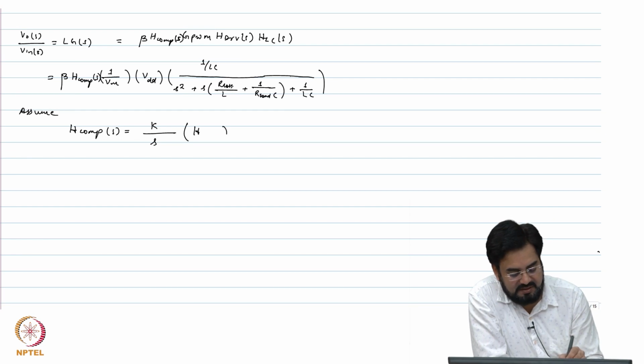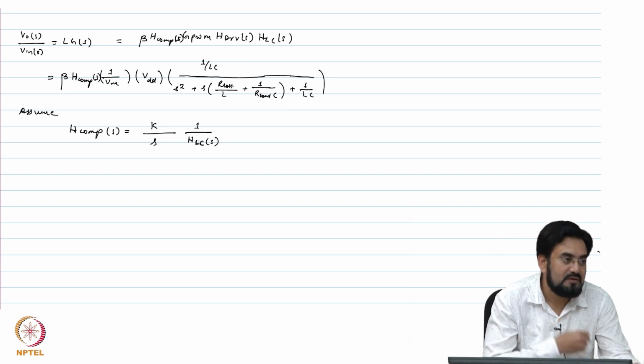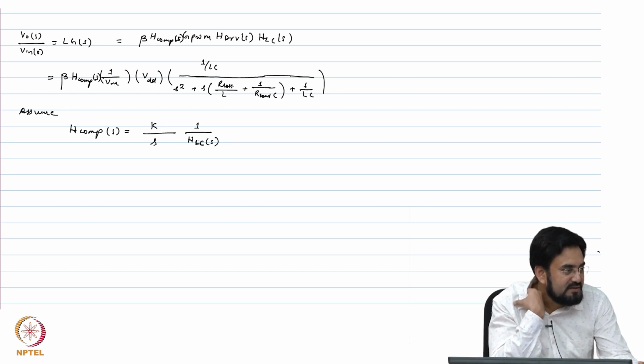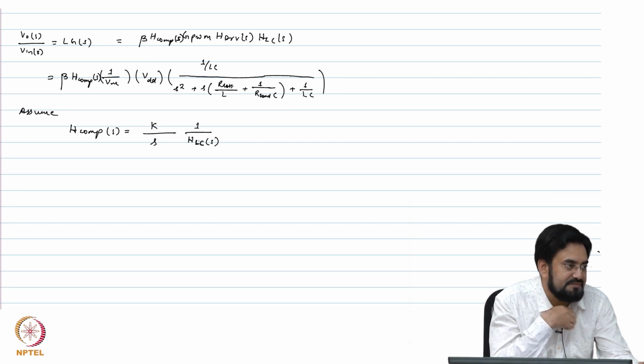Not HL multiplied, but let us say 1 over HLC S. So, that will get cancelled out. What is left over is the integrator, and integrator we need because we need a very high DC gain. So, integrator has to be in the compensator.